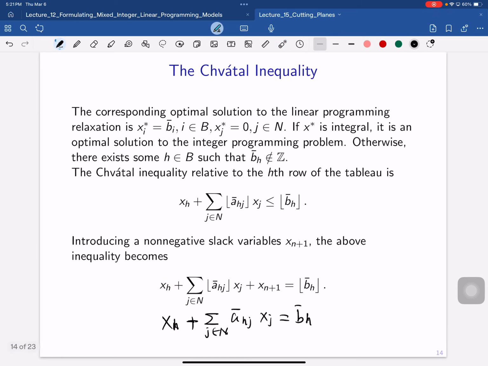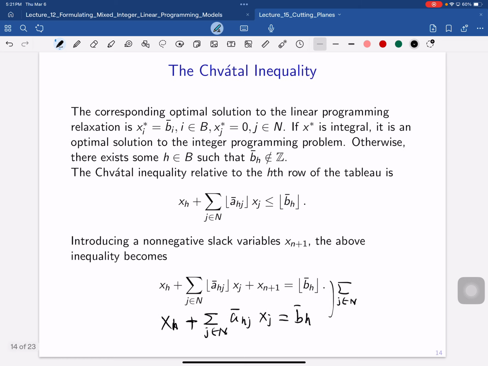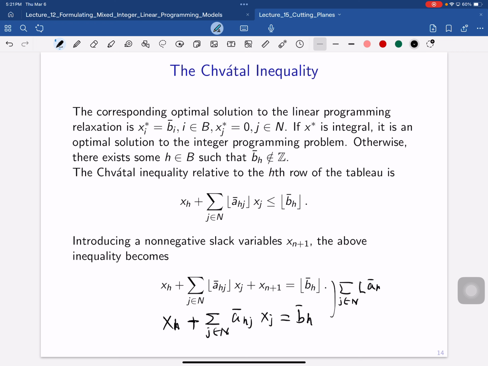And then if you take the difference of these two equations, what we get is the summation over j in N, plus xn plus 1 equals something.